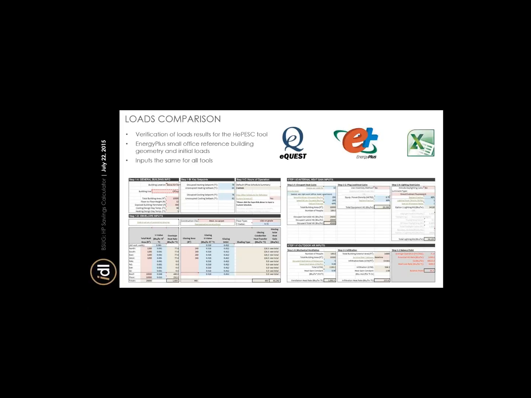So we took the geometry and initial loads from the small office reference building, and then we plugged those into eQuest and our tool, and then as we went along we made sure all the schedules matched exactly, and all the other inputs we wanted to be exactly the same as far as we could tell.